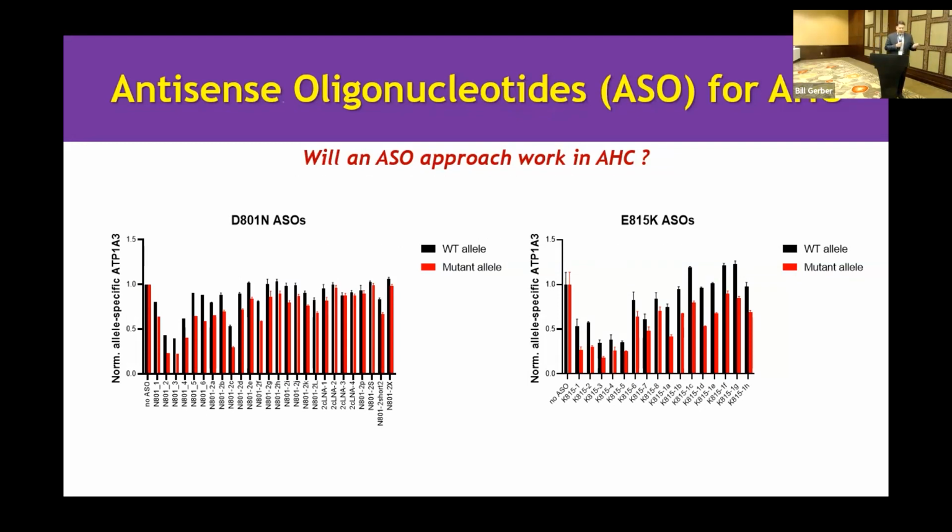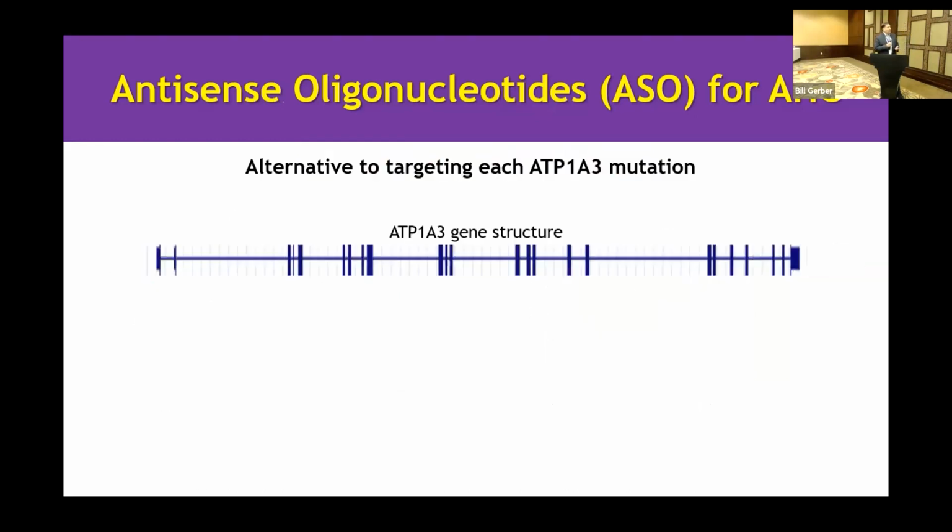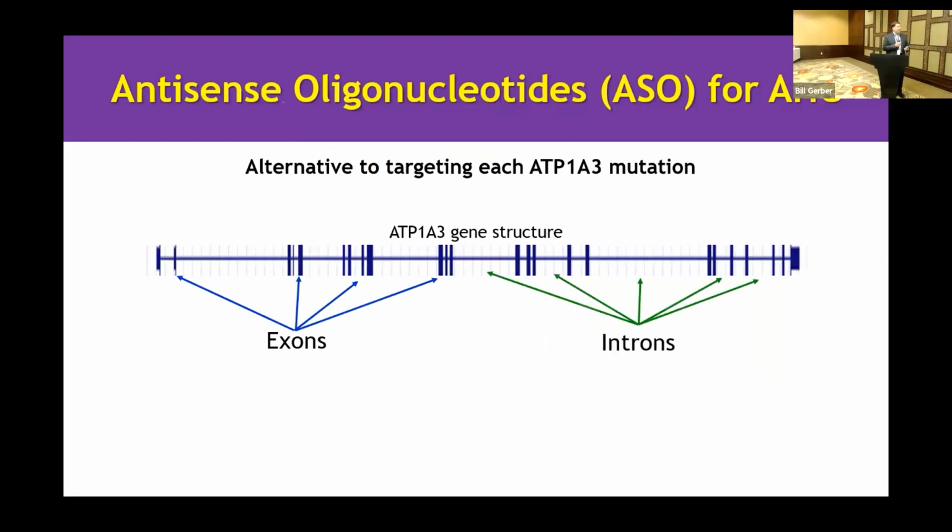So these are experiments where we're targeting the portion of the gene with the mutation in it. But there are other parts of the gene that could be targeted. So, as probably some of you know, genes are complex structures. This is now at the DNA level. They're made up of this sort of interrupted structure where there are parts of the gene which code for the protein, called exons, and other portions that kind of stitch the exons together, called introns.